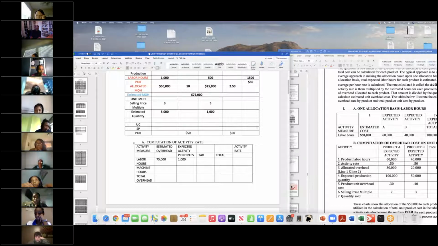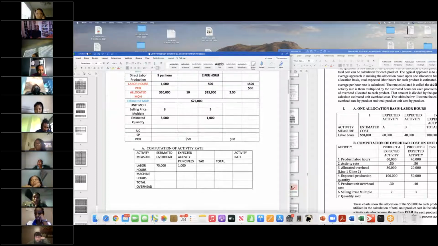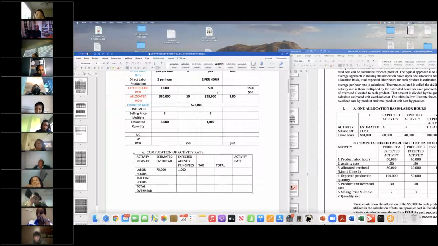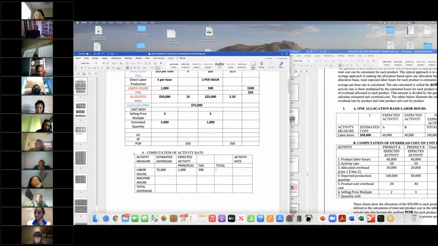$50. Okay, so the principal is 1,000 hours when we calculated them, and the tax is 500 hours. So we add them together and we get 1,500. And you're simply going to divide what? 75,000 by 1,500. How much do we get? 50. All right.